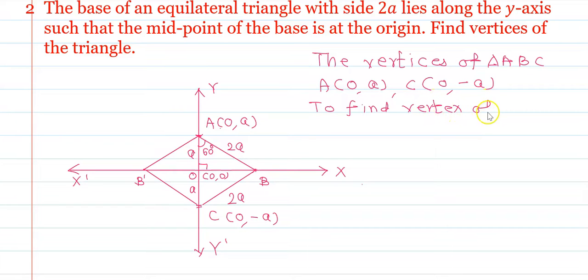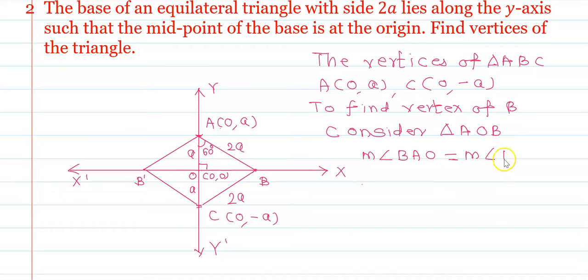triangle AOB. The measure of angle BAO is equal to the measure of angle BAC, which is 60 degrees.